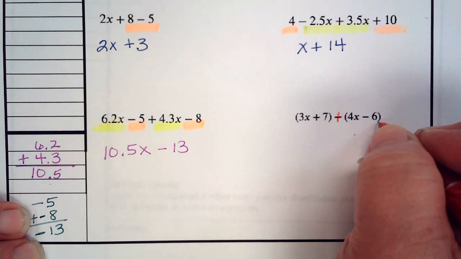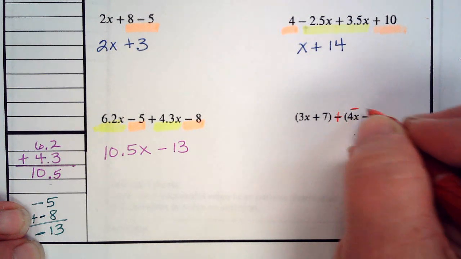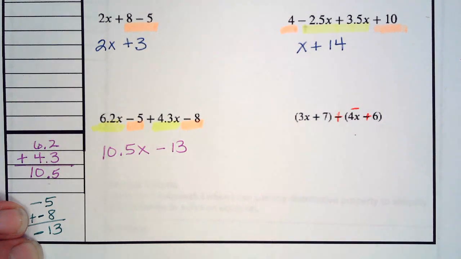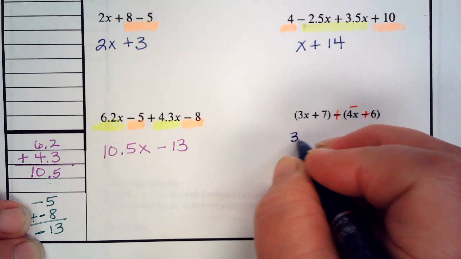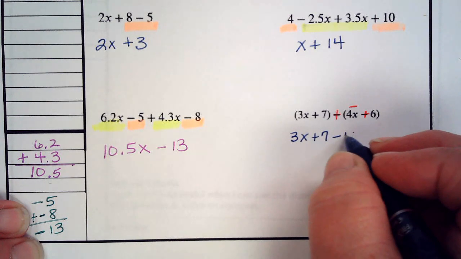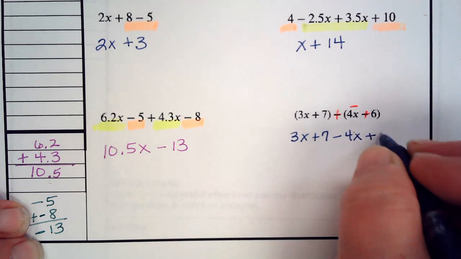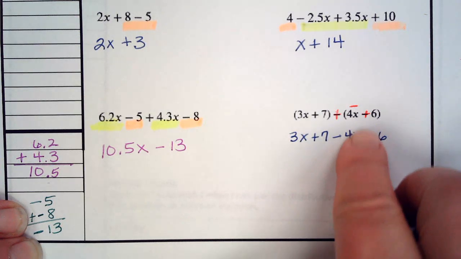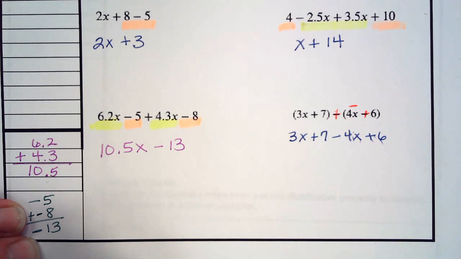I'm going to change my signs in here to the opposite, negative and positive there. 3x plus 7 minus 4x plus 6. See how I brought them out of parentheses with those opposite signs.